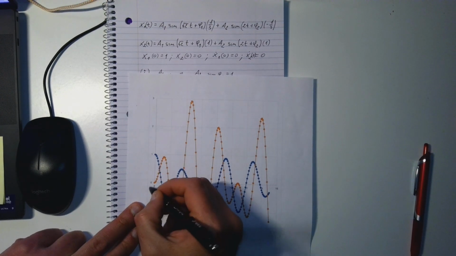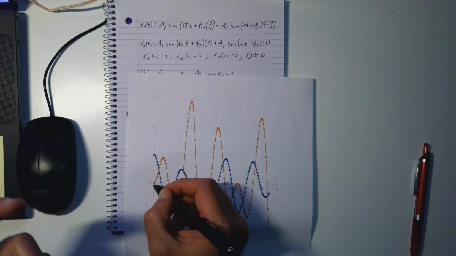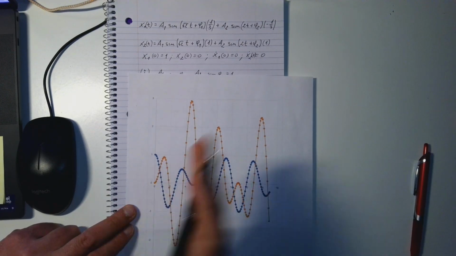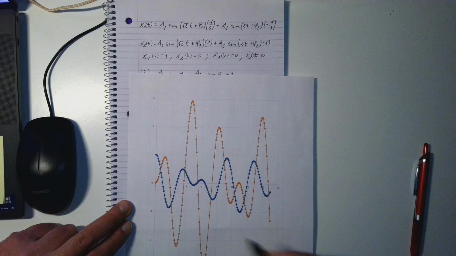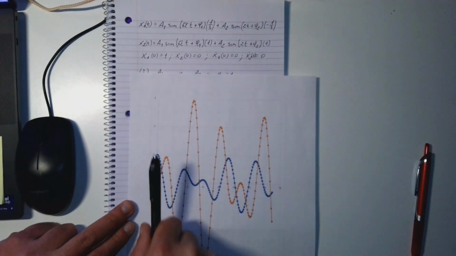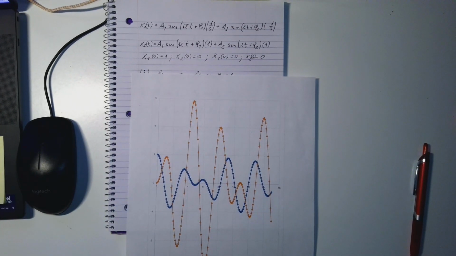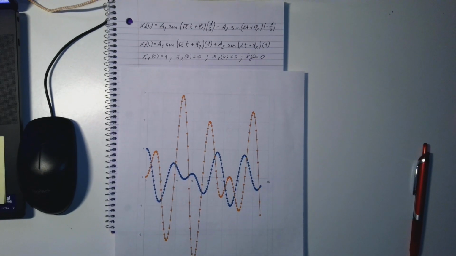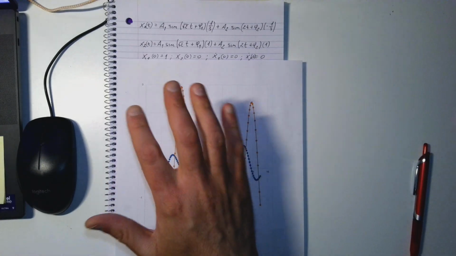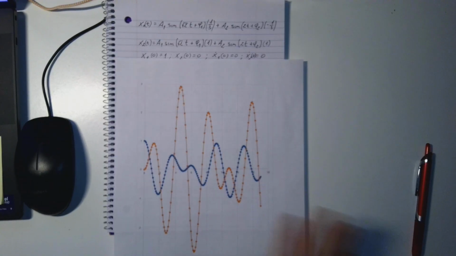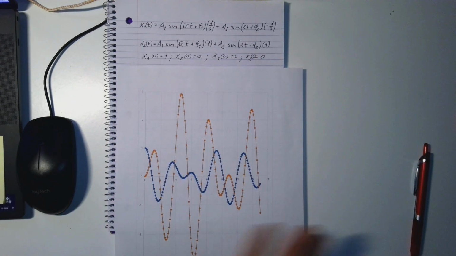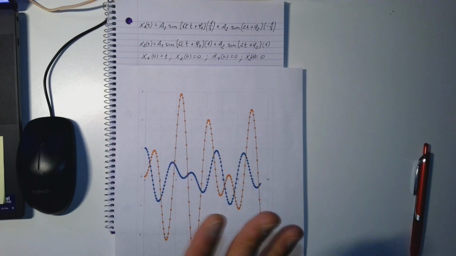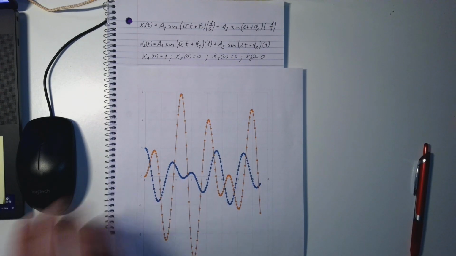Both of them start with an initial instant where they are horizontal, and then immediately x2 goes up and x1 goes down. So when you plot the functions and these two conditions are met, there is a very good chance that the entire graph is correct. At least you are on the right path.